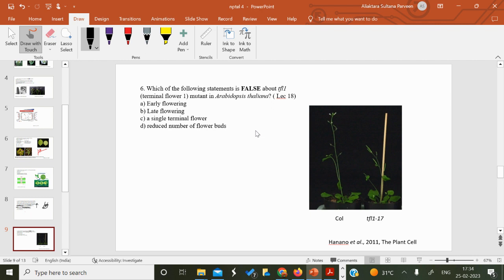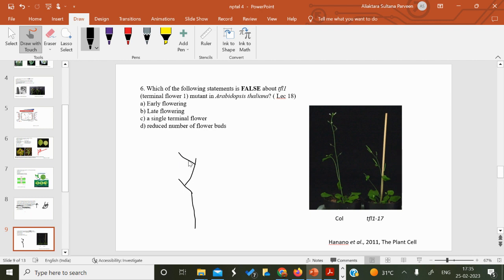So why is this named terminal flower 1? It is very obvious from the name that the mutant, or the loss of function of this gene, shows a terminal flower. Whenever a flower is growing, from the shoot apical meristem it keeps on growing; it should not stop somewhere.